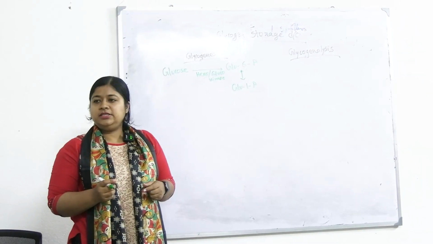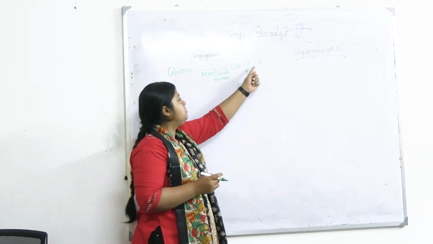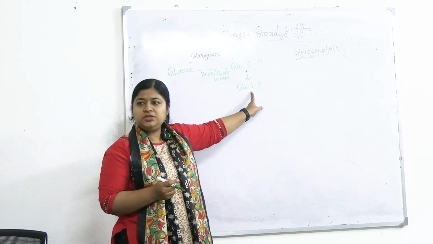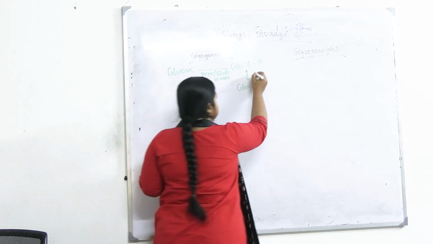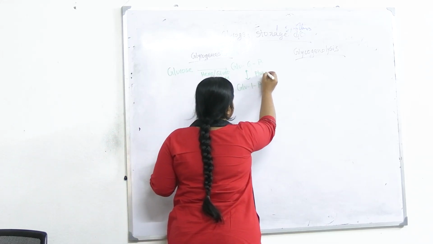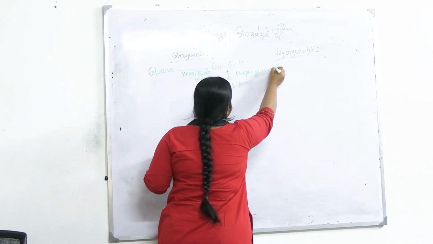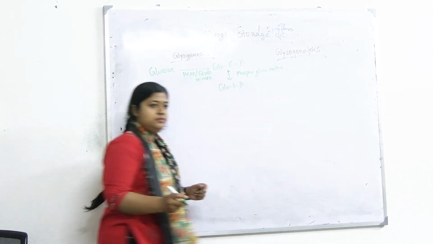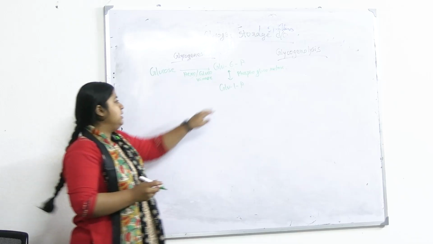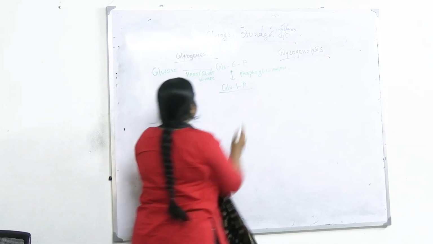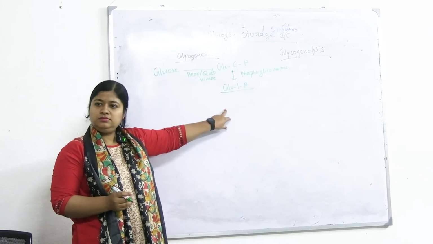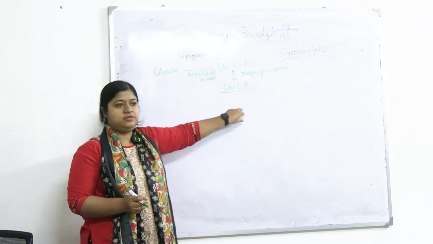Okay, this conversion is done by, no, not isomerase, mutase, from 6 to 1 position mutation. Okay, this is phosphoglucomutase. Clear? Okay, fine. Now from here our glycogenesis starts from glucose 1-phosphate.